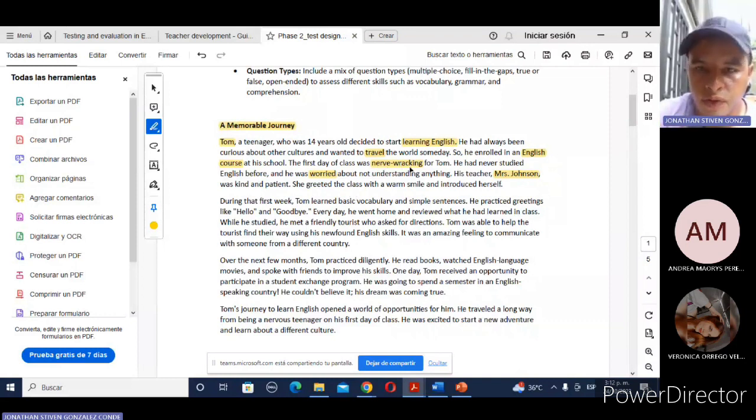Nerve-wracking was the first step of the first process that he faced in the past, before traveling or before having the opportunity to participate in a student exchange program. Okay, Warren is the same, and Mr. Johnson in this paragraph was the teacher.